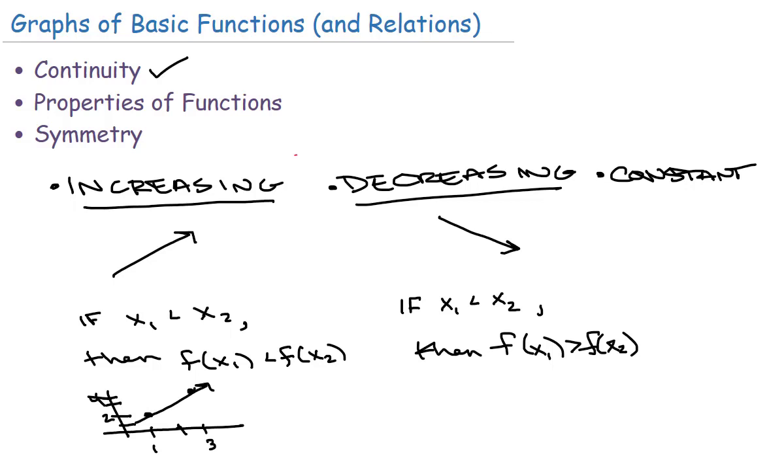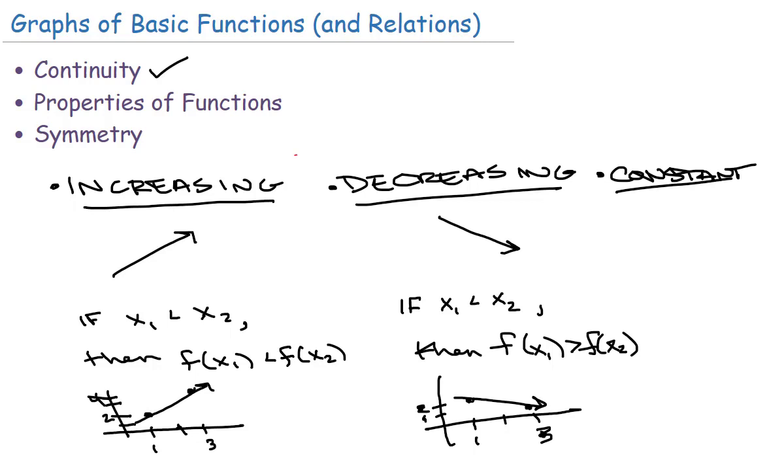So similar to my last drawing down here, if I plug in 1, I get out 2 again, but then my next x value is bigger, let's say 3, then this is saying that my y value is getting smaller. So maybe my y value here got smaller. It's a y value of 1. So the graph would be going down to the right.